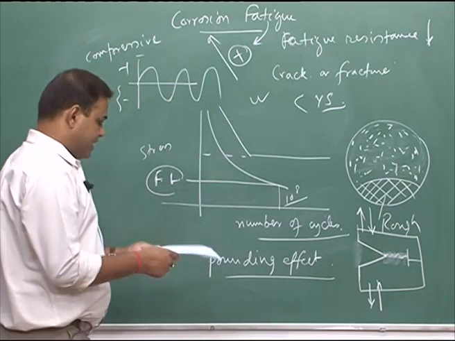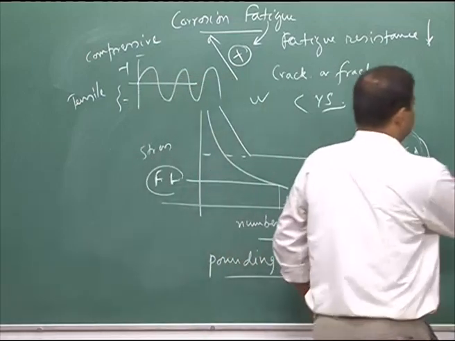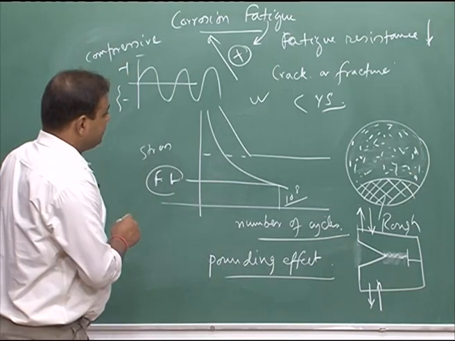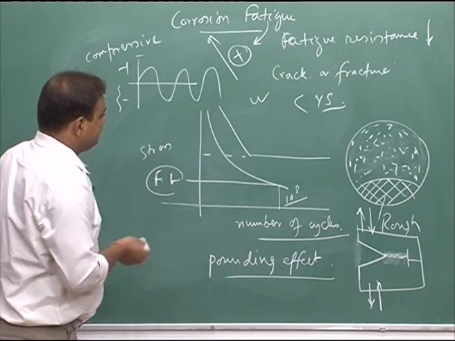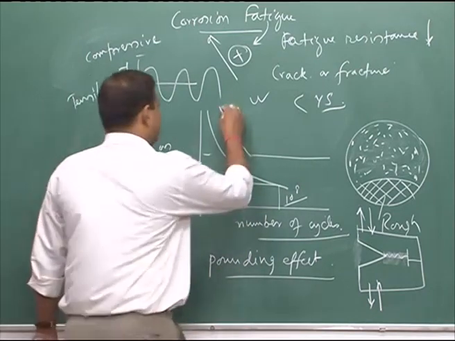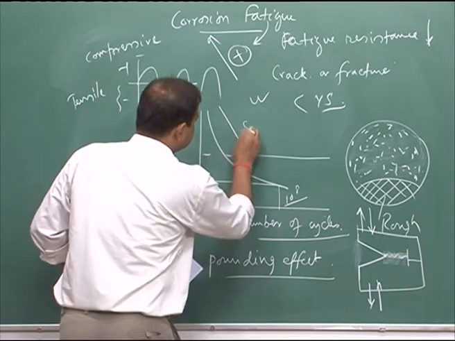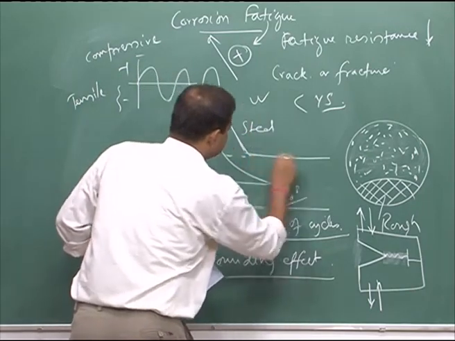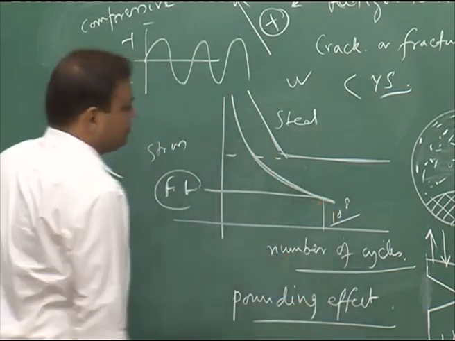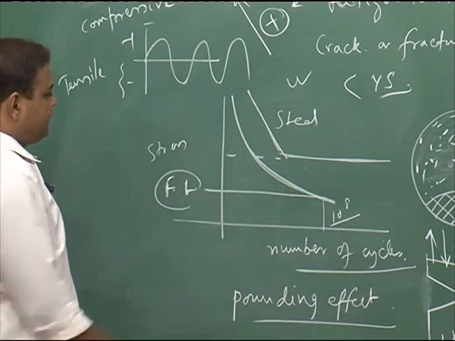Now, what could be the mechanism? Generally, when we see corrosion fatigue, even in the case of steel, instead of having a well defined fatigue limit, the nature changes. For example, steel without the presence of corrosion has this nature, and this is for non-ferrous metals and alloys, where you have a smooth fatigue curve.